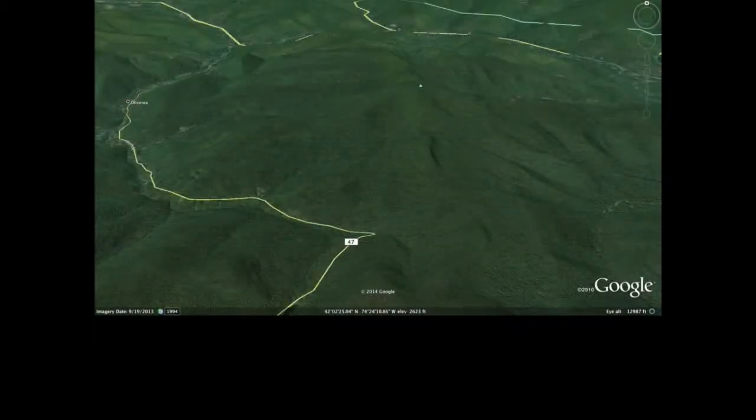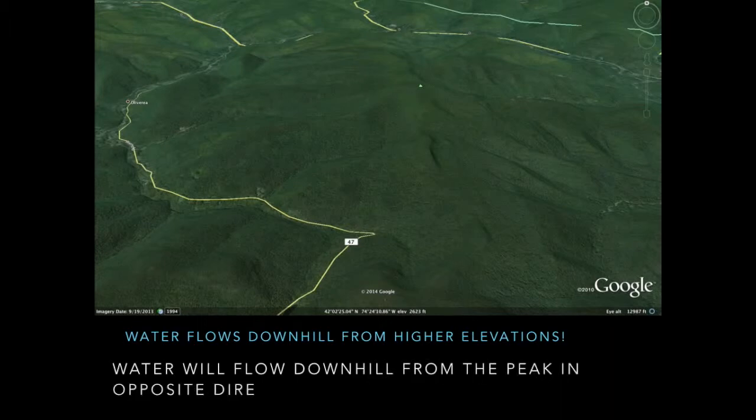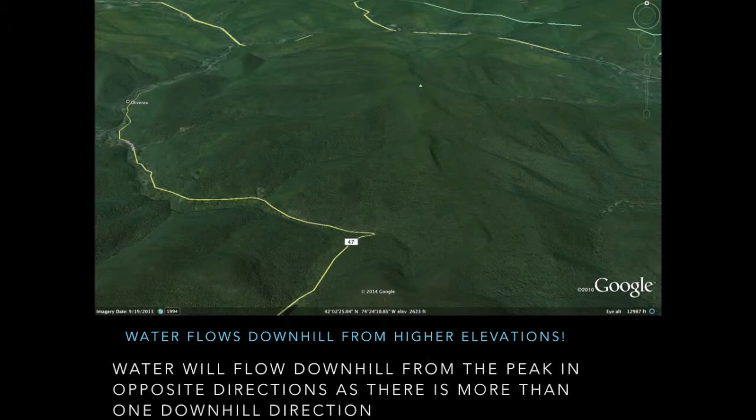So here is another view of the Catskills, and we can see some streams running through there. And water is going to flow downhill from higher elevation to lower elevation due to gravity. And it's going to flow downhill in all directions from the peaks on these mountains.